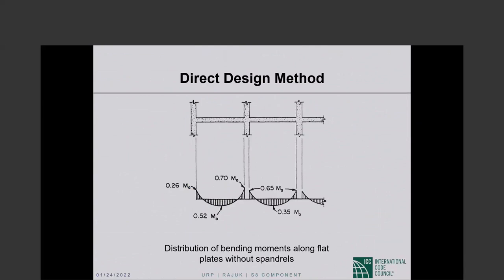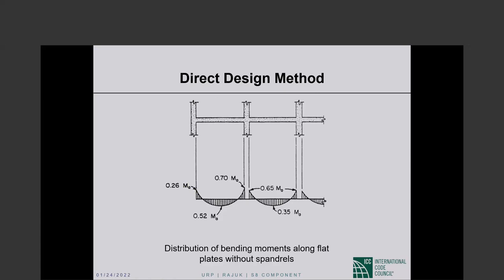Okay, remember, part of the unbalanced moment is transferred by eccentricity of shear, and that adds to punching shear stresses caused by gravity. So in an attempt to be conservative with respect to punching shear, we are arbitrarily increasing the 26% of M sub 0 to 30% of M sub 0 to be transferred from the slab to the column for the purpose of shear design only.